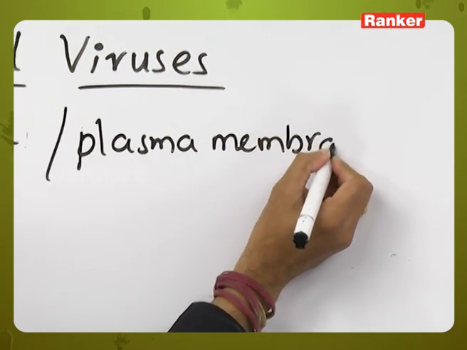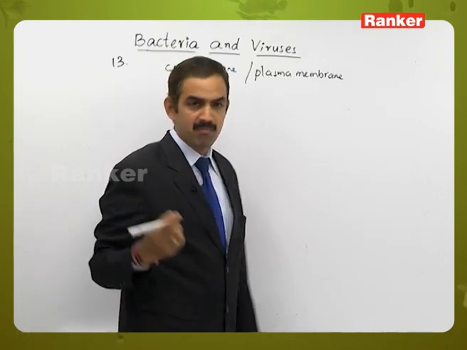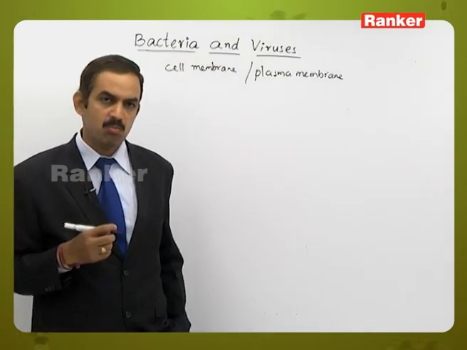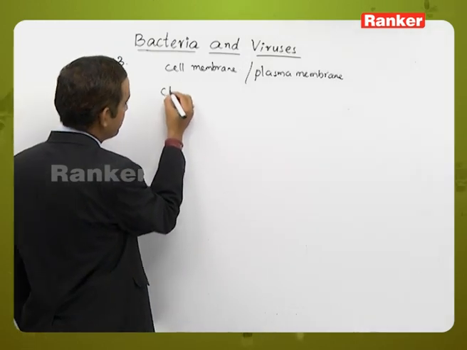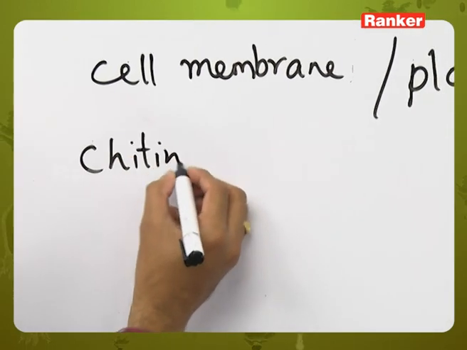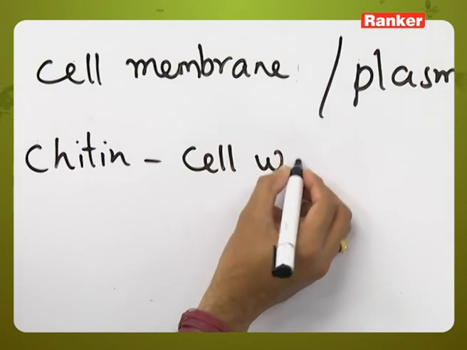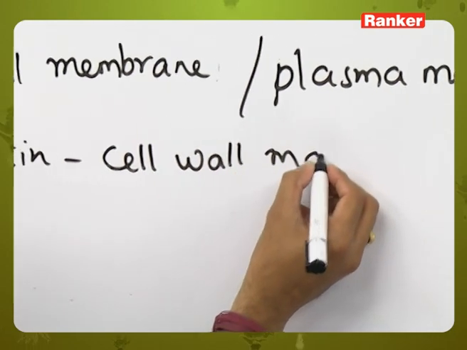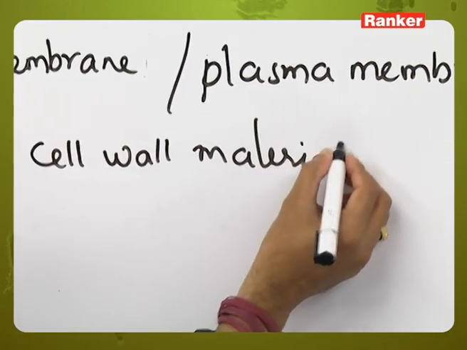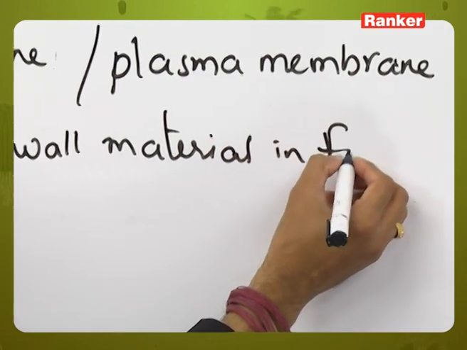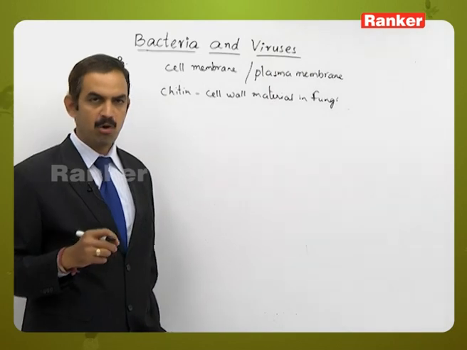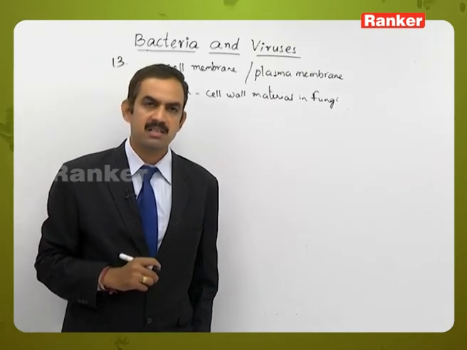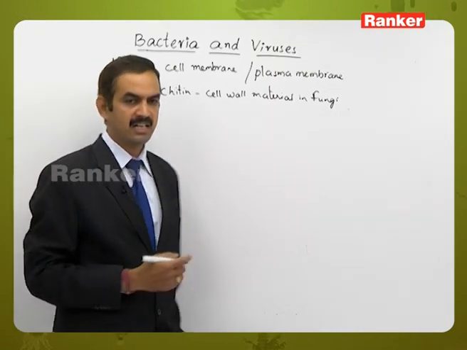Cell membrane or plasma membrane is a living membrane which is present just below the cell wall, and here the given options like chitin. Chitin is the cell wall material in fungi, which is also a type of polysaccharide molecule, but it is a nitrogen containing polysaccharide.